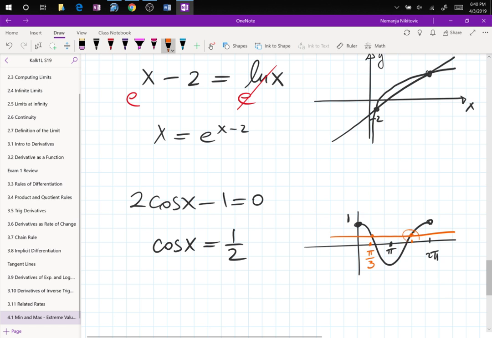What is that one? 4 pi over 3. Or 5 pi over 3. Four or 5? Or 4? Or should be 5?